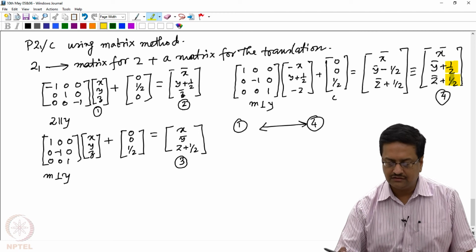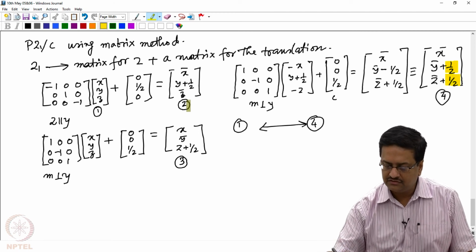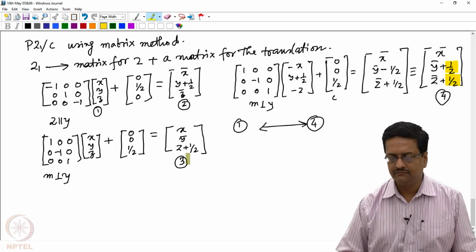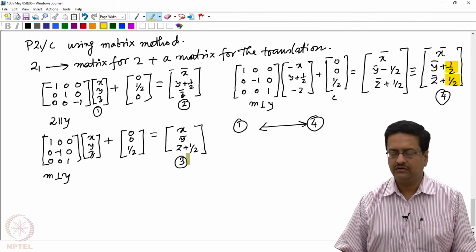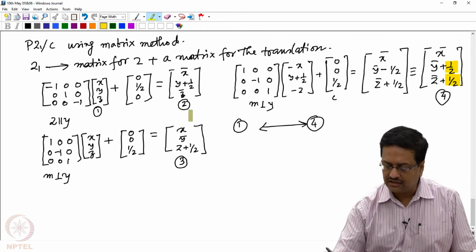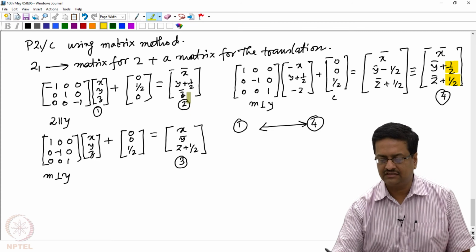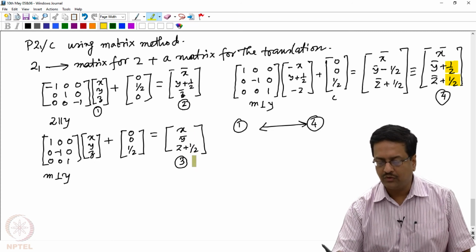If we look at the points 2 and 3, what we see is they are also related by half translation in both y and z.